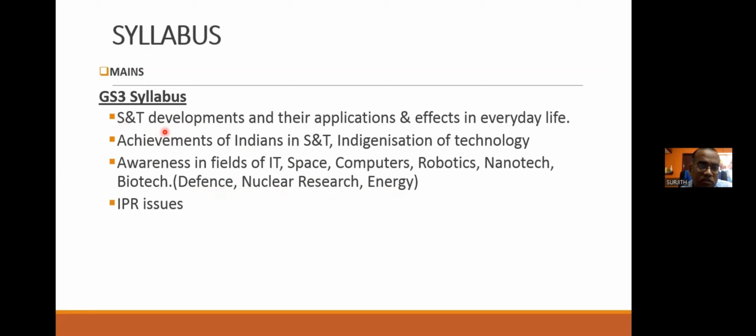So by decoding this open-ended wording, you can include these three areas also: defense technologies, nuclear technologies, energy technologies. The significant development that happened in these areas needs to be studied. That is what I would like to highlight about this syllabus.